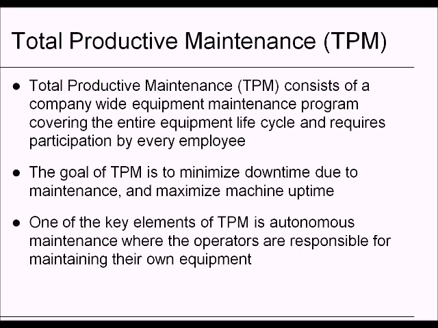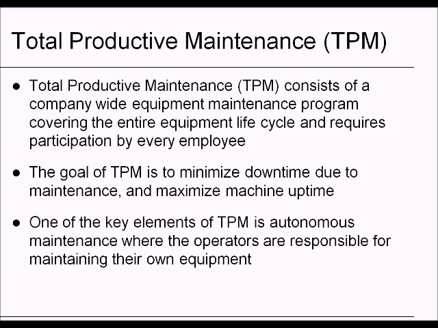Moving on to total productive maintenance. Basically, it's a company-wide effort to check and keep a strong life cycle of your equipment, and it involves every employee. The goal is really to minimize downtime due to maintenance and to maximize machine uptime. Automation is a big part of that, where the operators are involved.